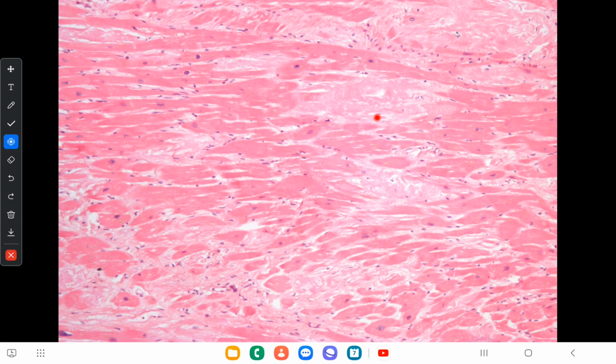Therefore, to confirm amyloidosis or to differentiate it from hyaline degeneration, we use Congo red stain. That is a specific stain.